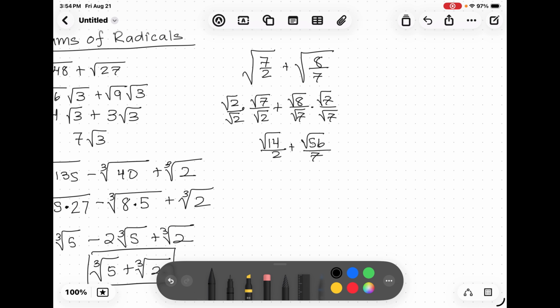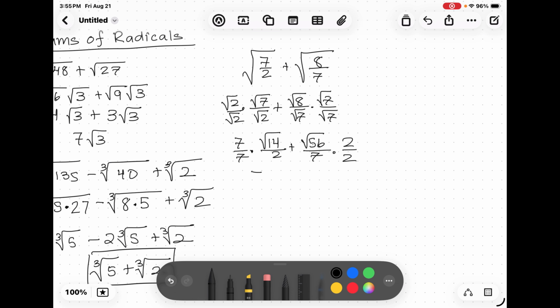Now, I think I'm going to be able to do something with that 56, am I not? 4 goes into that once, 4. So I could do something with that. Let's hold off. Well, we'll do it maybe in one step here. First of all, I'm going to get a common denominator. So do you see I'm getting a common denominator of 14.